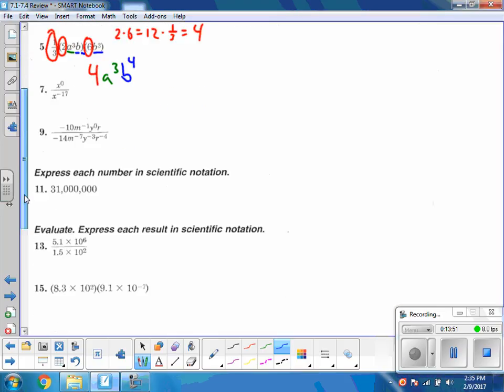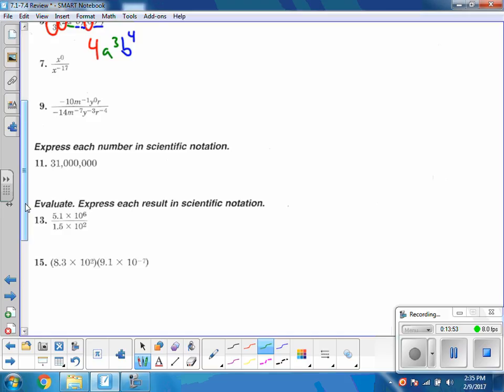Let's take a look at number 9, because why wouldn't you? A negative divided by a negative will be positive, so I'm going to leave those alone. Just pull the negatives out. So 10 over 14, I can make that 5 over 7. I'm going to look at my m's. Okay, so that is negative 1 minus negative 7, and this is actually the same as adding.